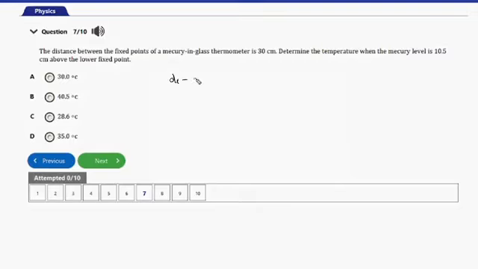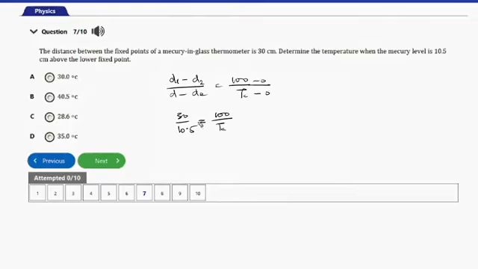So guys, if we are to solve this using d1 minus d2 over d minus d2 is equal to the 100 degrees Celsius minus 0 over the temperature here minus 0. We're going to have 30 over 10.5 is equal to 100 minus 0 is 100 over t minus 0 is t.